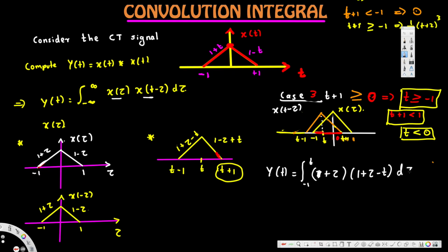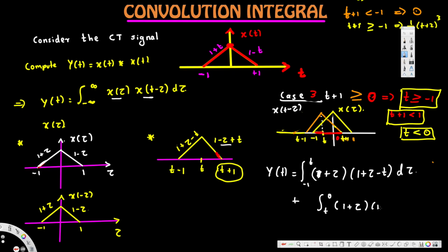d tau, plus the integral, next one is t to 0. In that region we have this 1 plus tau, and also we have 1 minus tau plus t, this line, this slope.